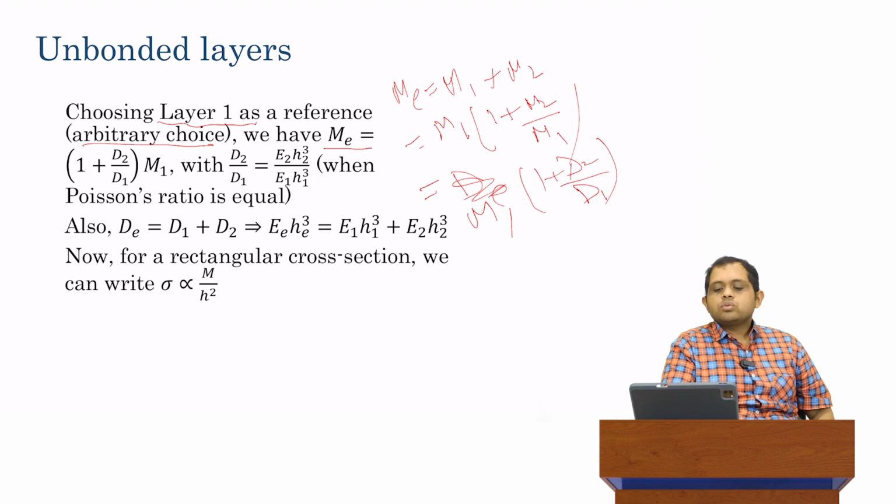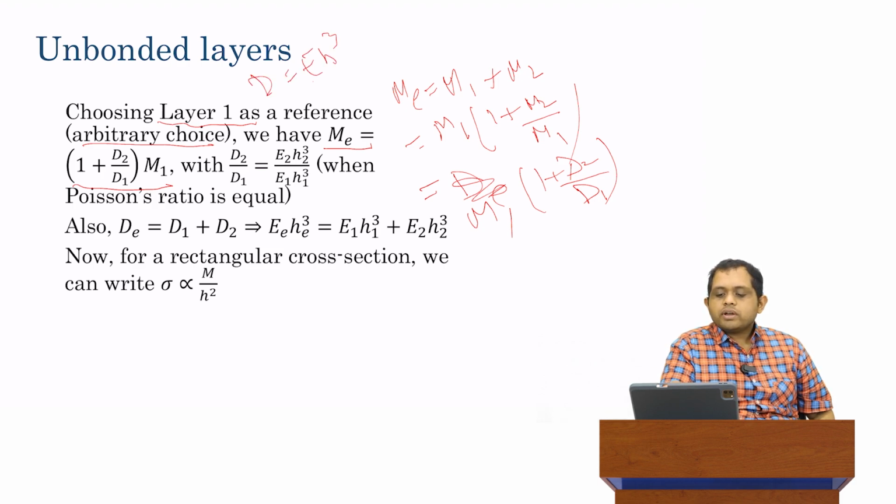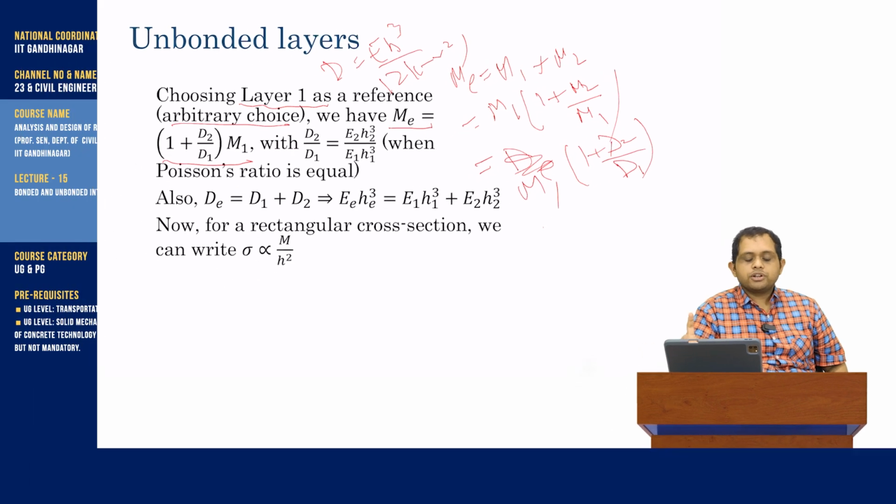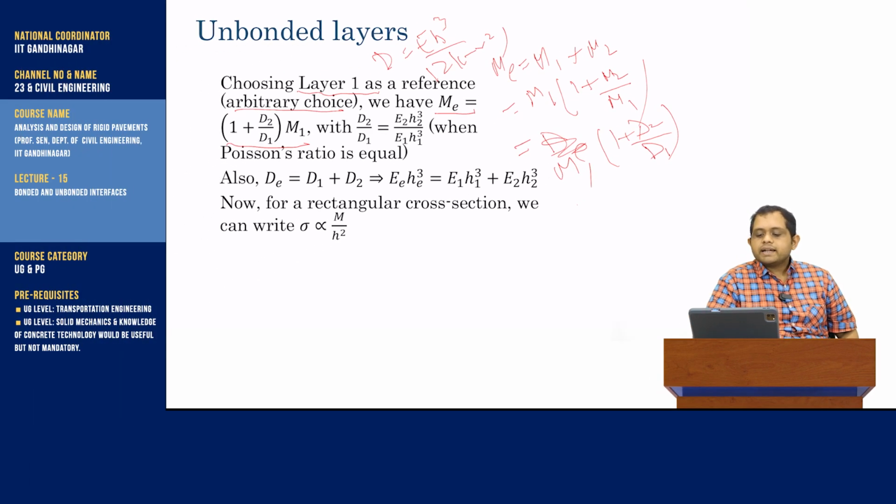Here D2 over D1, remembering that D is E h cubed divided by 12 times 1 minus nu squared, and nu is constant, so it's the same value for nu1, nu2, and nu3. What we then get is that D2 over D1 is equal to E2 h2 cubed divided by E1 h1 cubed. The 1 minus nu squared cancels out, 12 is just a constant.